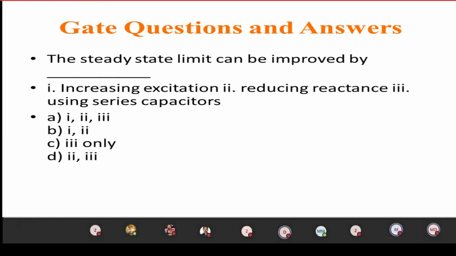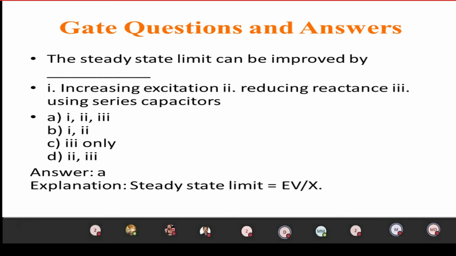Next, the steady state stability limit can be improved by dash. We have three suggestions: increase excitation, reduce reactance, and use a series capacitor. So I hope all of them are correct.